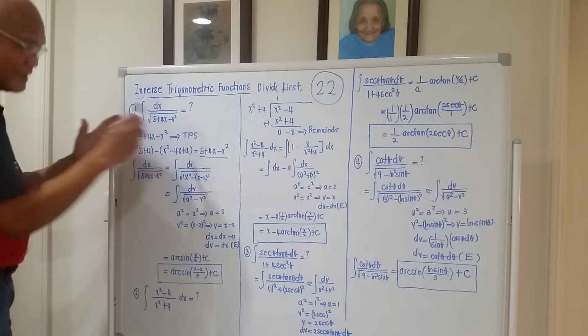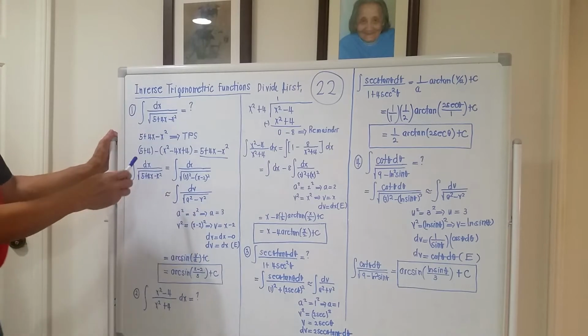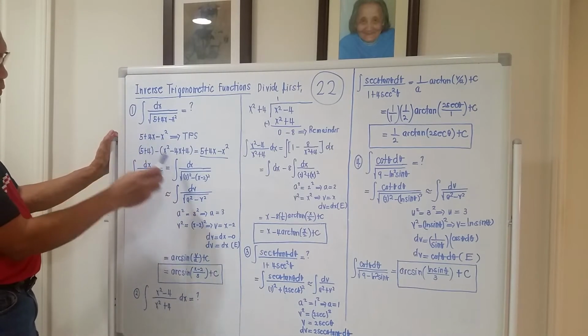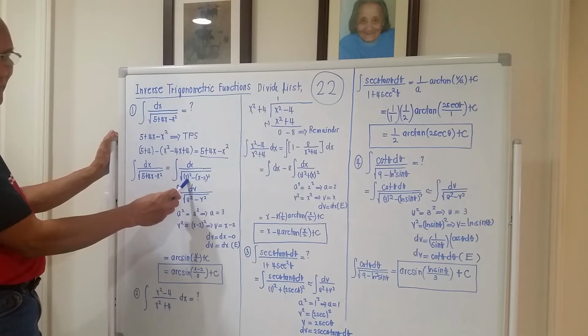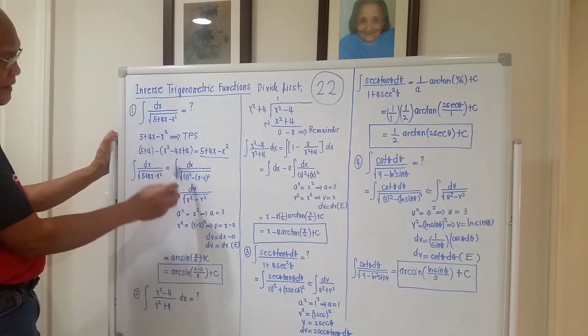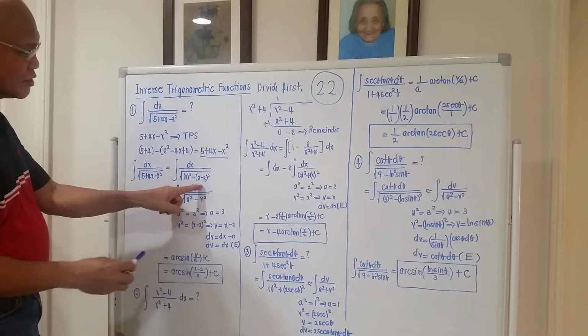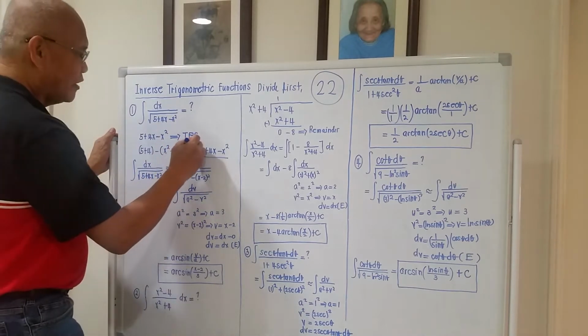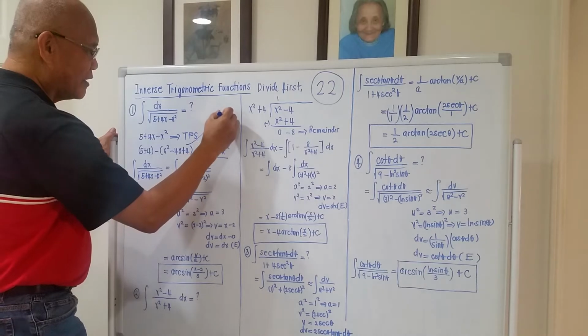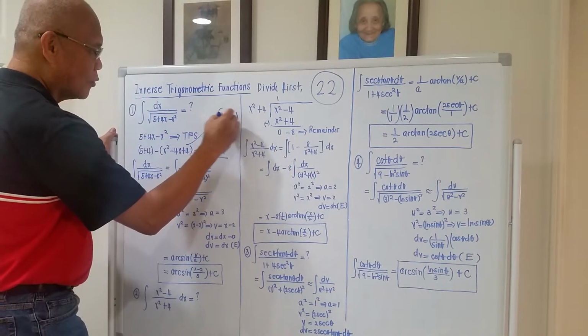But we could do this. 5 plus 4 is 9, which is 3 squared. And the factor of this is x minus 2 quantity squared.